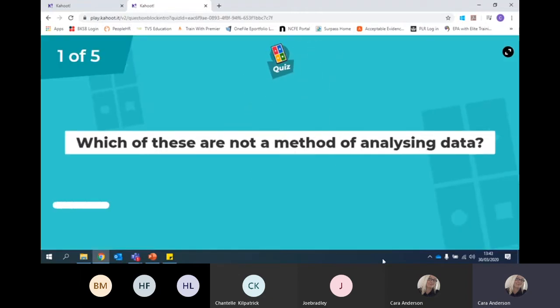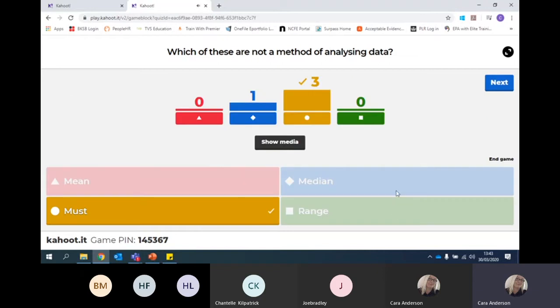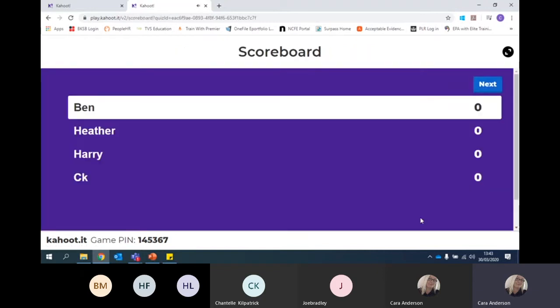5 questions, as always. Which of these are not a method of analysing data? Look at the scores. Well done, Ben. You were the quickest. Excellent. Great start.